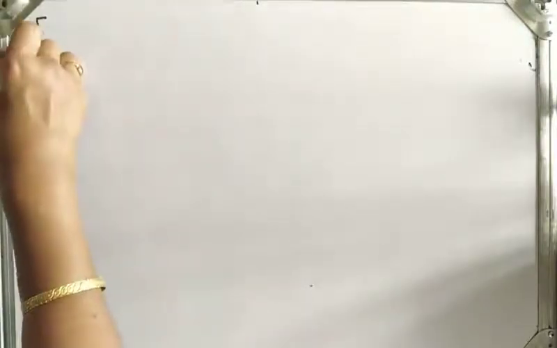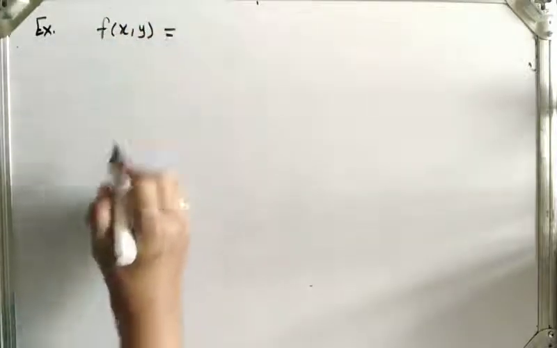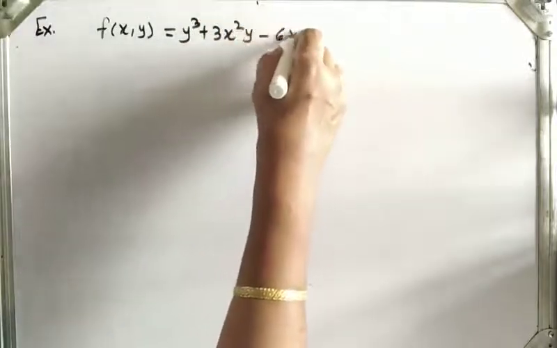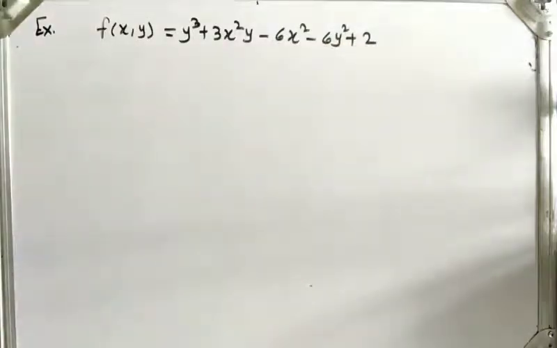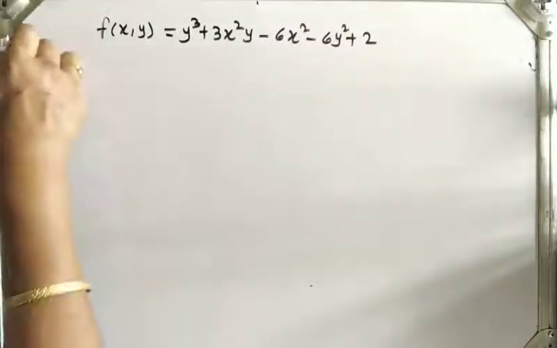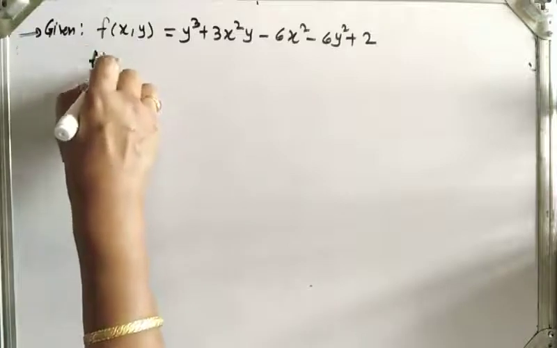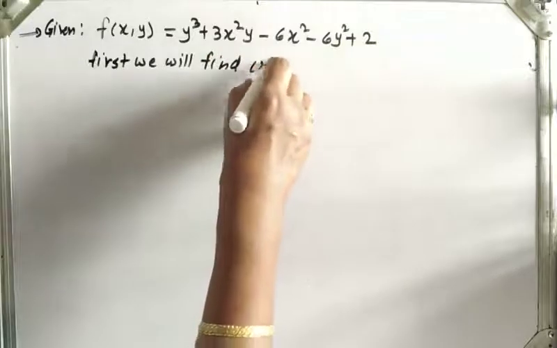Next example is: find local minimum, local maximum values and saddle points for the function f of xy is equal to y cube plus 3x square y minus 6x square minus 6y square plus 2. So in the solution, this is the given function. First we will find critical points.